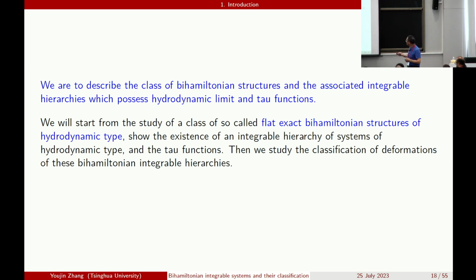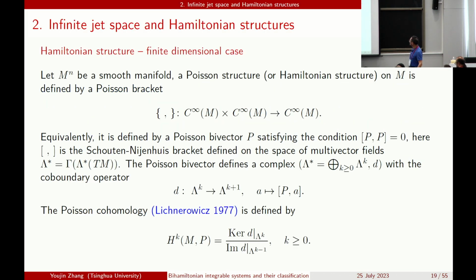To study this bihamiltonian structure, let me first describe it for the infinite dimensional case. The finite dimensional case we are very familiar with. Let me first recall that we have a smooth manifold, a Poisson manifold.